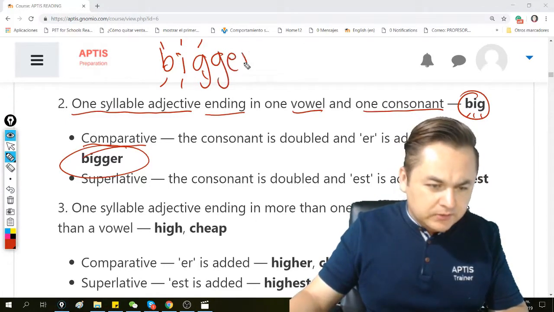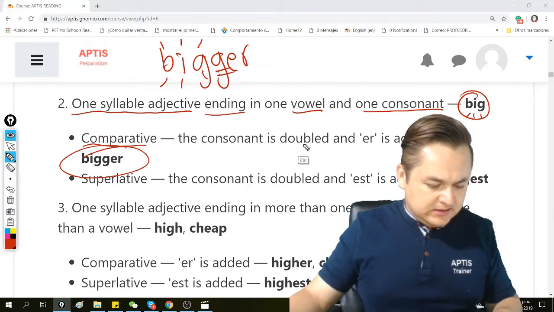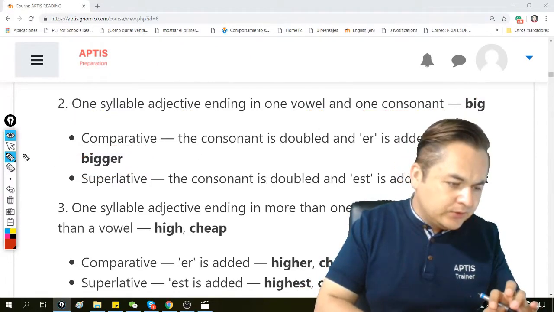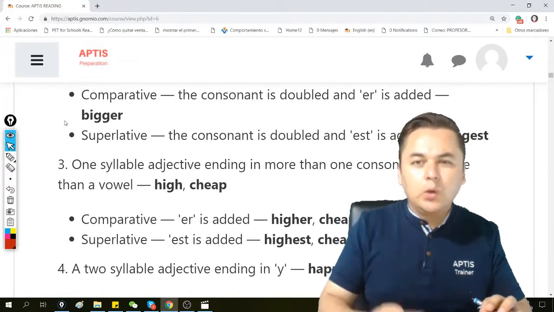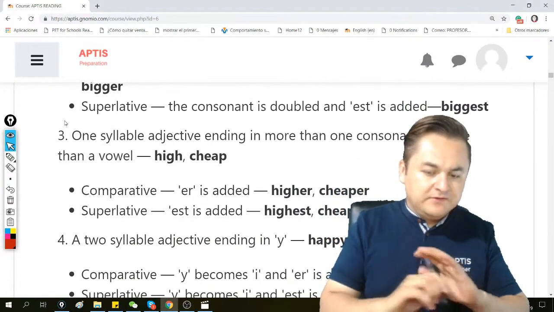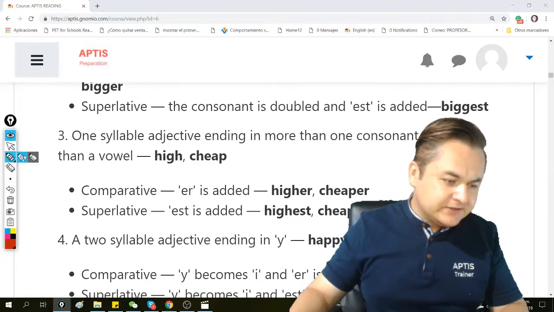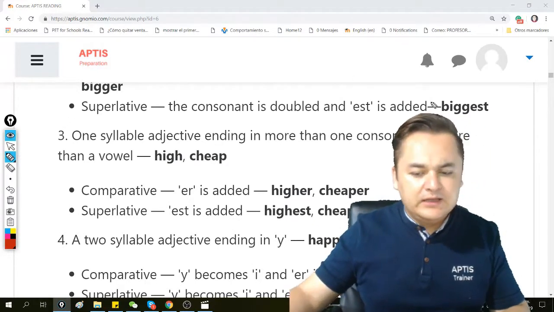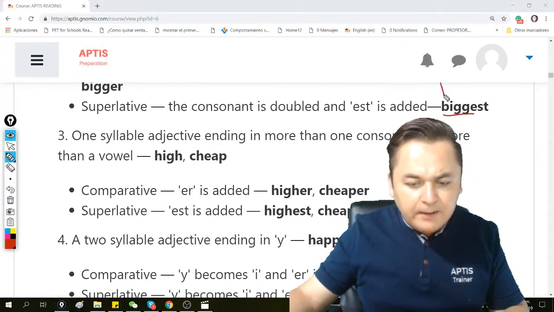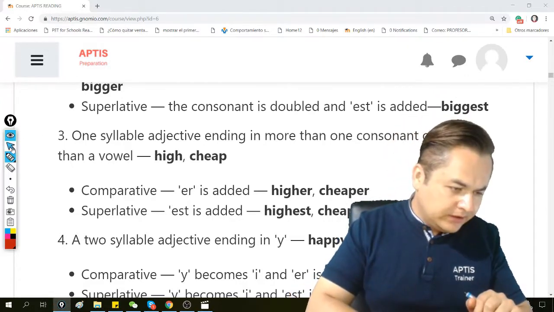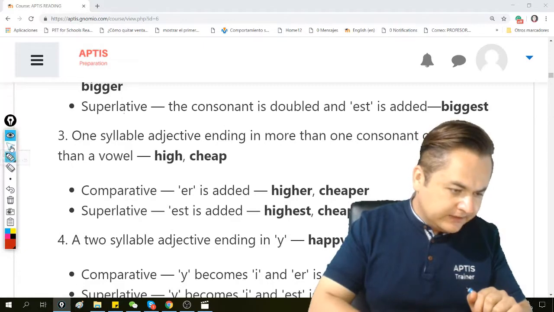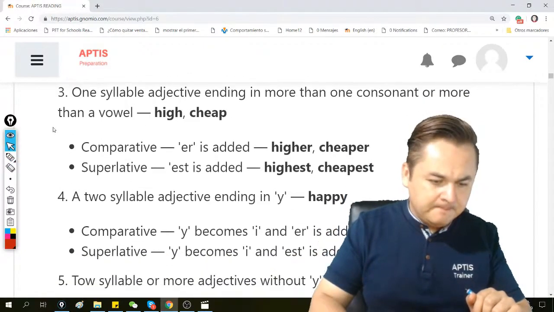So all I do is double the last consonant to form the comparative and say, my car is bigger than yours, for example. For the superlative, we apply the same rule, so the new word would be the biggest.